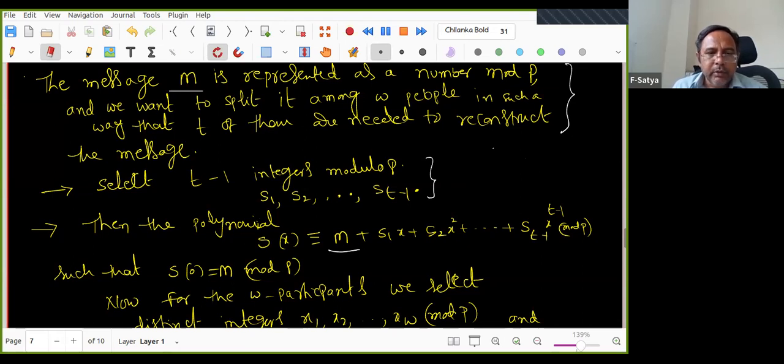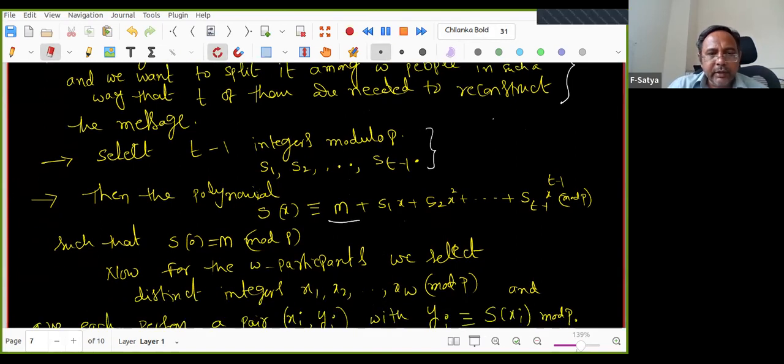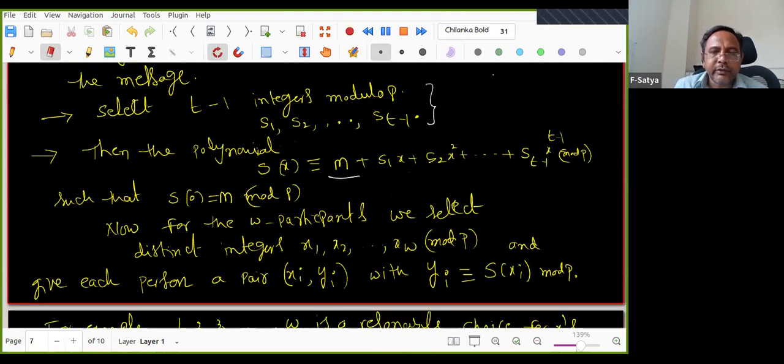Now for the W participants, we select distinct integers x1, x2, up to xw, modulo p. So give each person a pair xi comma yi. What is this yi? Yi is equal to S of xi. Means we are substituting xi here and we are getting yi, right?